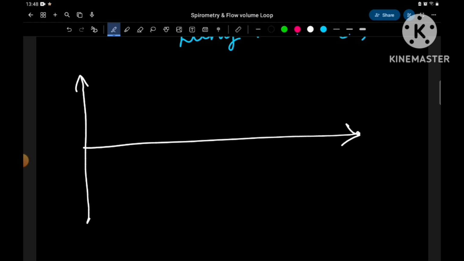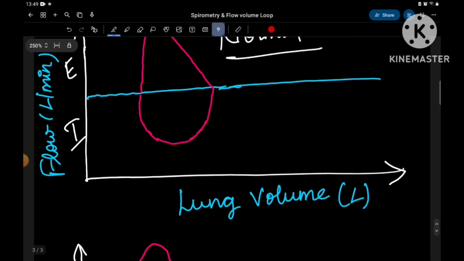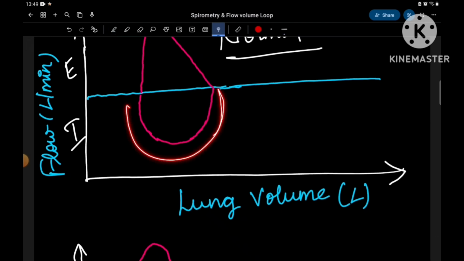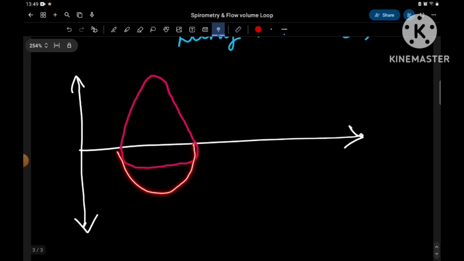See here, there is another loop which appears like this. We saw that normal will be like this, nearly a semicircle, but see here, it is reduced. So let's see what this loop is.